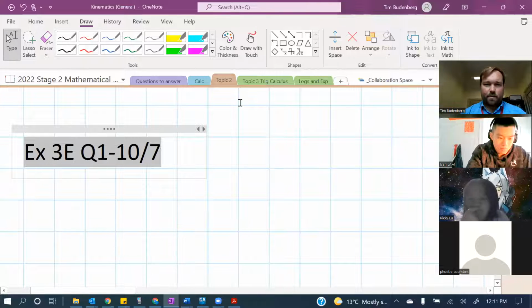So this second SAT is everything from the first SAT, and then local max and min, increasing and decreasing functions, stationary points, the second derivative, surge functions, logistic functions, and then not kinematics.